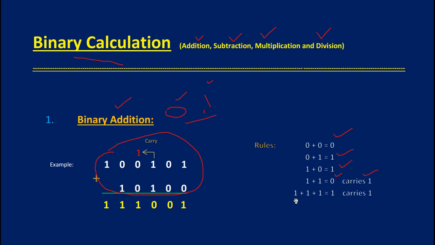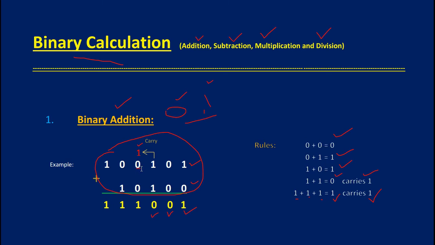If we add 1 plus 1 plus 1, meaning three 1s are added, the answer will be 1 and it will have a carry of 1. Now do the calculations here. You can see 1 plus 0, the answer is 1. 0 plus 0, the answer is 0. 1 plus 1, the answer will be 0 and it will have a carry of 1, and this carry will be shifted to the next column, which you can see here in red color.